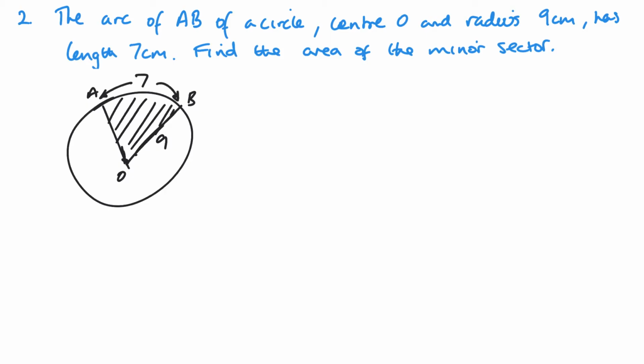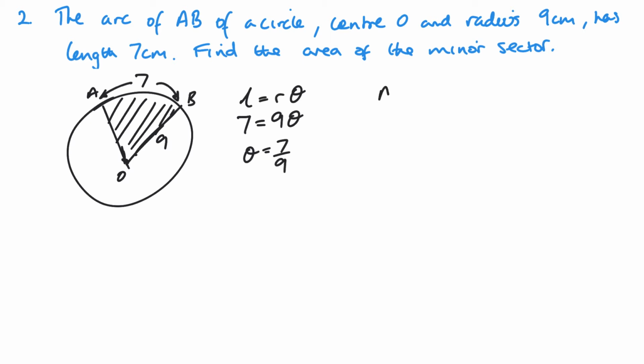So this area here. Now we need that angle. So if I think back to the previous video, L equals R theta. We know that L is 7, R is 9. Therefore theta is 7 over 9.